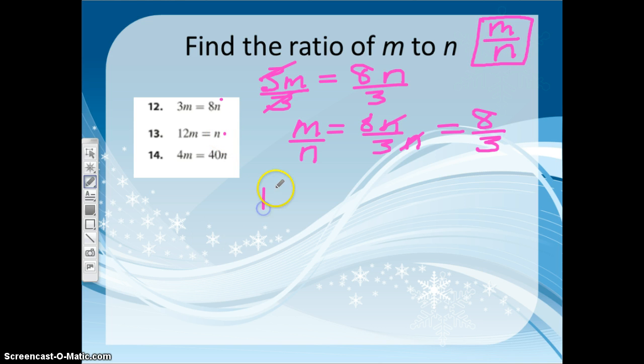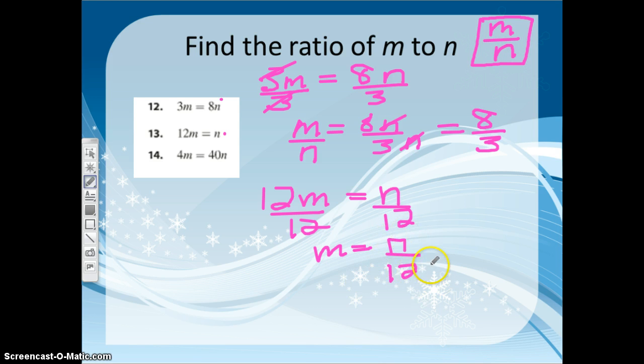Let's try that one. 12m is equal to n. M is in the right place, 12 is not. M is equal to n over 12. N is not in the right place. Let's divide by n. Now here is tricky.